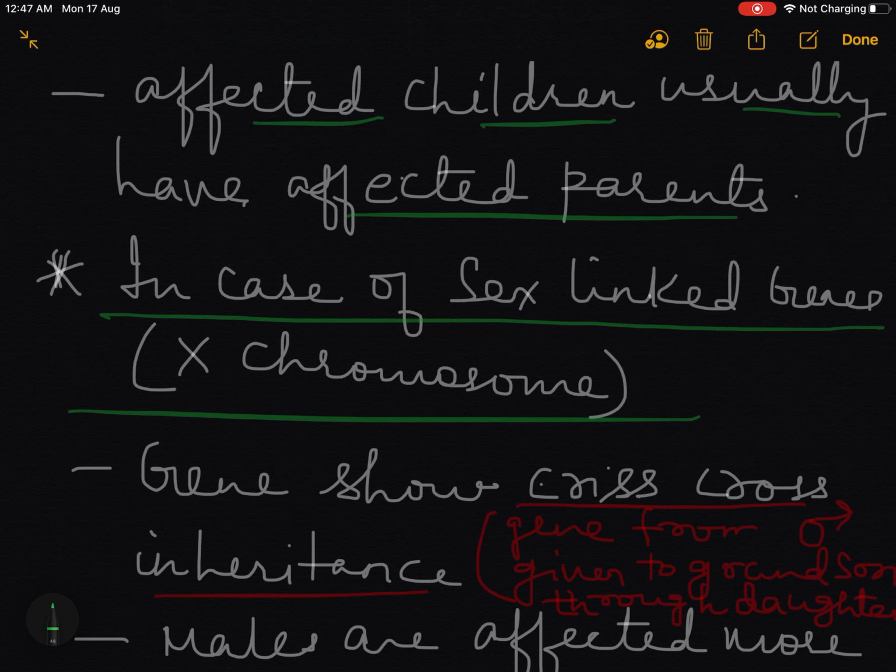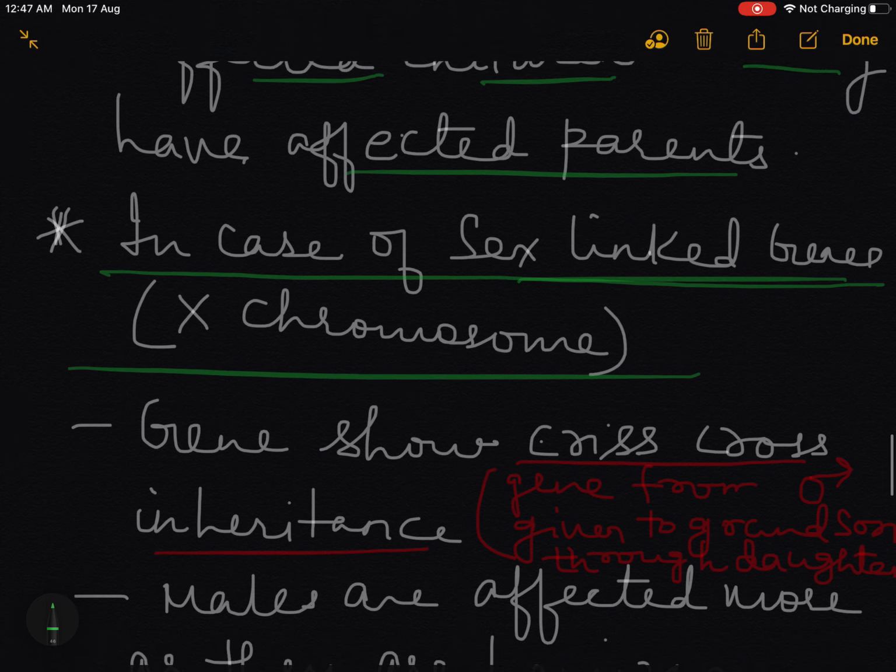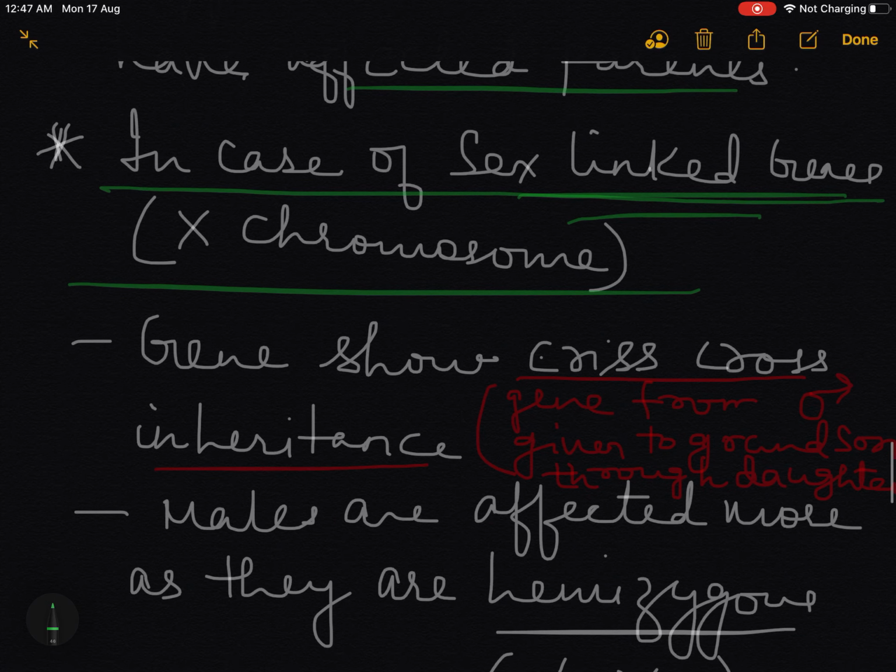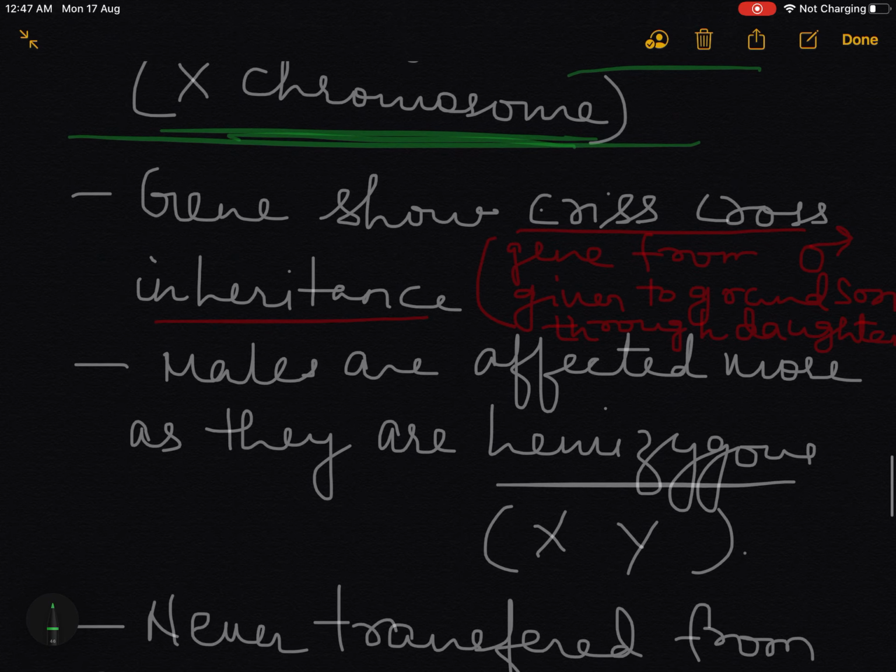And how will you know that it is sex linked? See, sex linked means the X chromosome. We have discussed this. So the gene shows crisscross inheritance. Now, what do you mean by crisscross inheritance? The gene from the male parent will move to the grandson, and how?